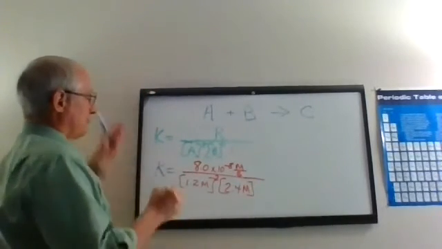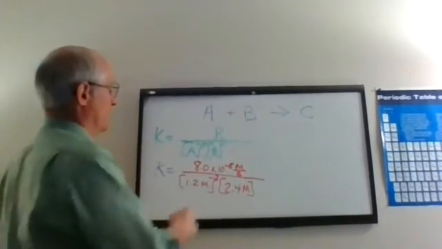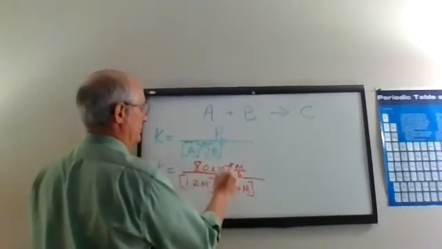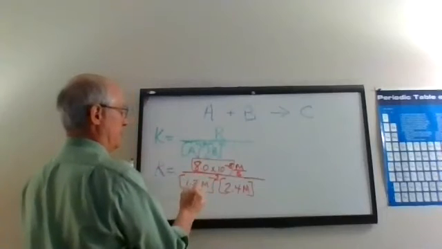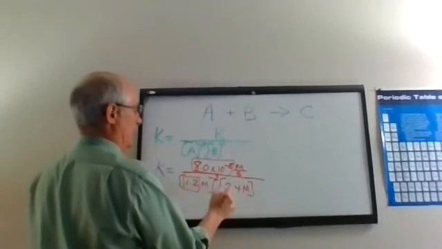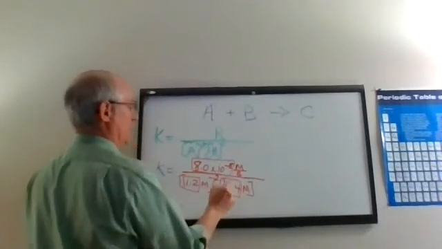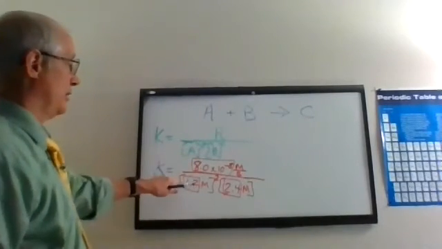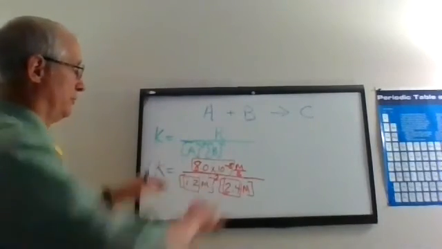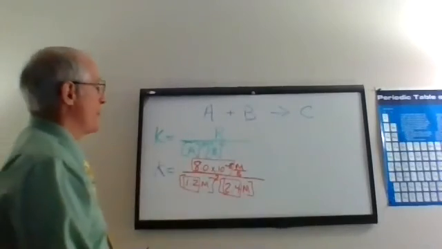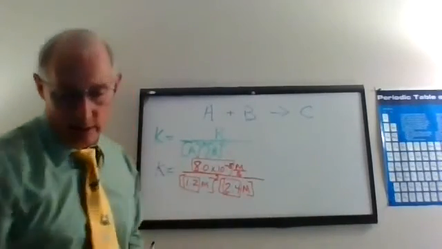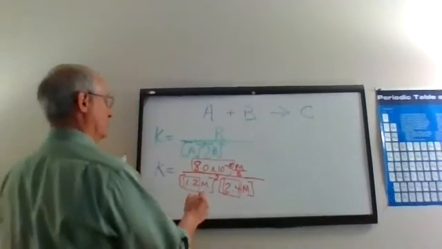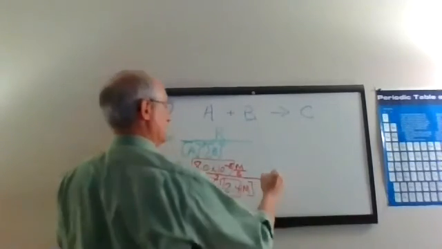Now, we're just doing the numbers: 8 times 10 to the negative 8 divided by 1.2 squared, further divided by 2.4, or divided by the product of 1.2 squared times 2.4 enclosed in parentheses. Either way, when you do all of that, you're going to get a number of 2.3 times 10 to the 8.